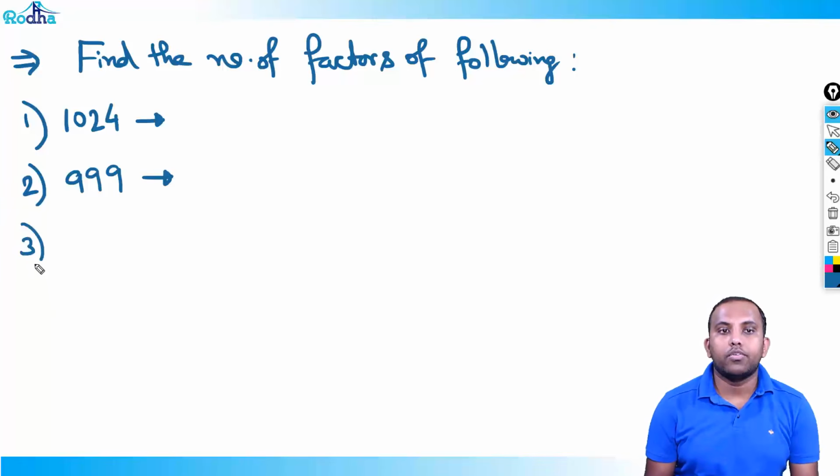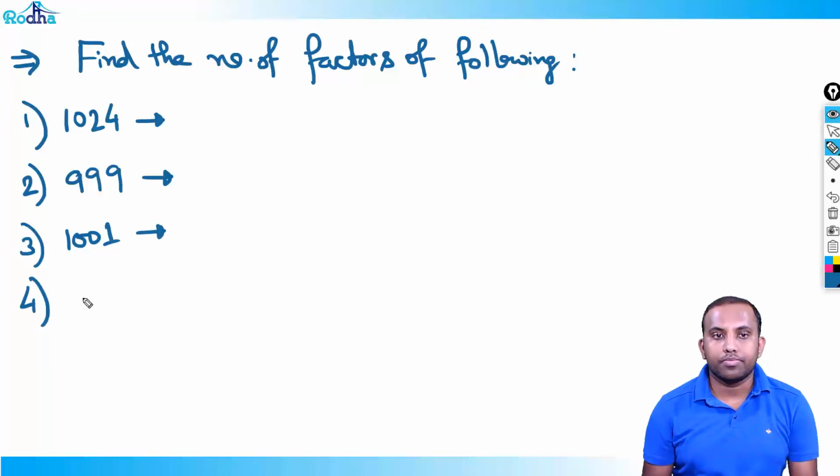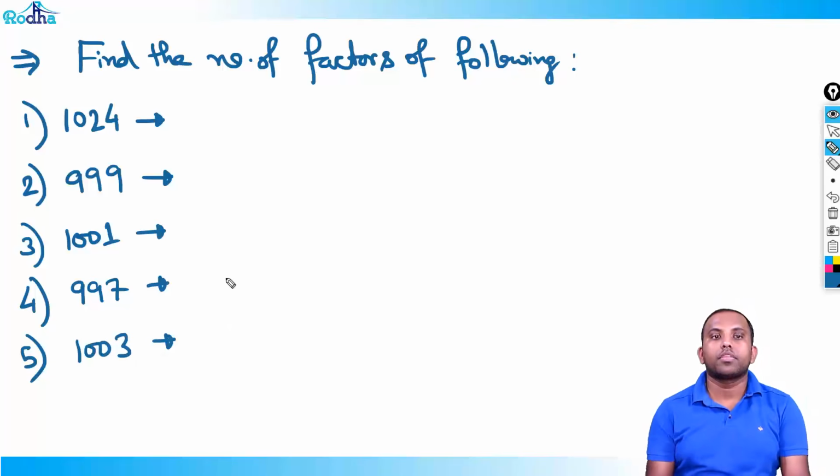Third one is 1001. Fourth one, please try it, 997. Fifth one should be 1003, right?